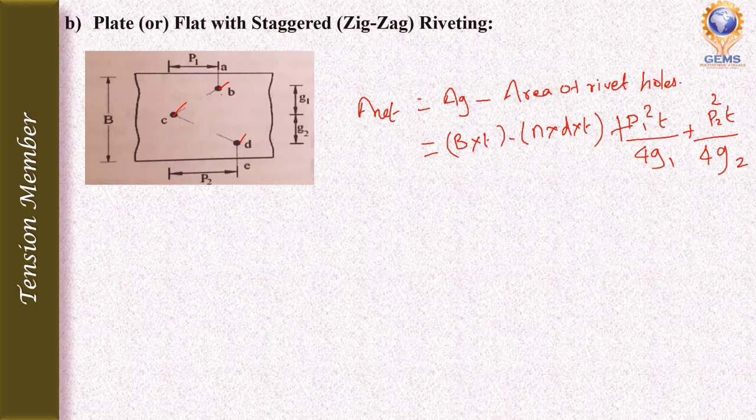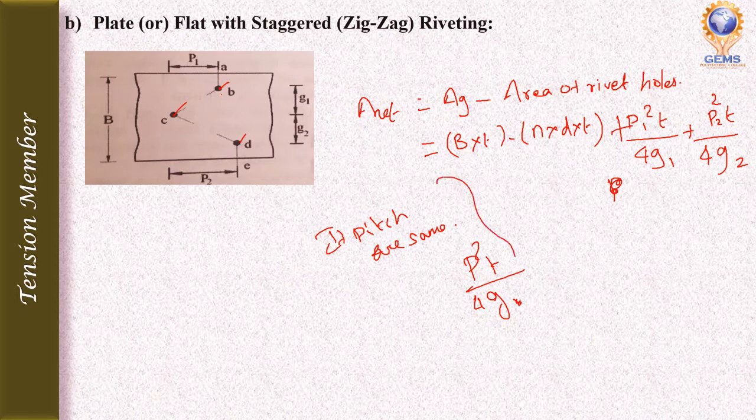If the pitch distances are the same, then it will be P square T by 4G1, or G, the gauge distance.